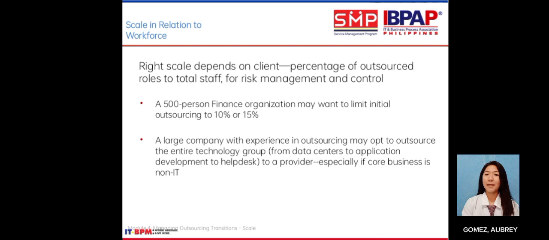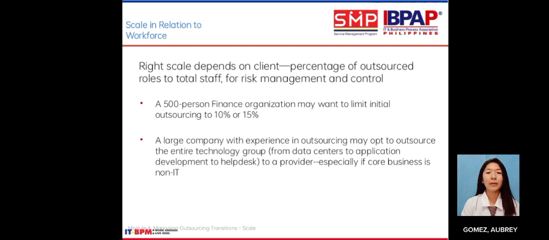Right scale depends on the client: the percentage of outsourced roles to total staff, for risk management and control. A 500-person finance organization may want to limit initial outsourcing to 10% or 15%.